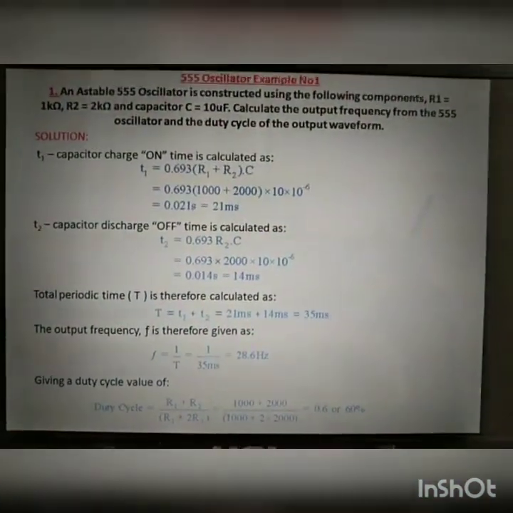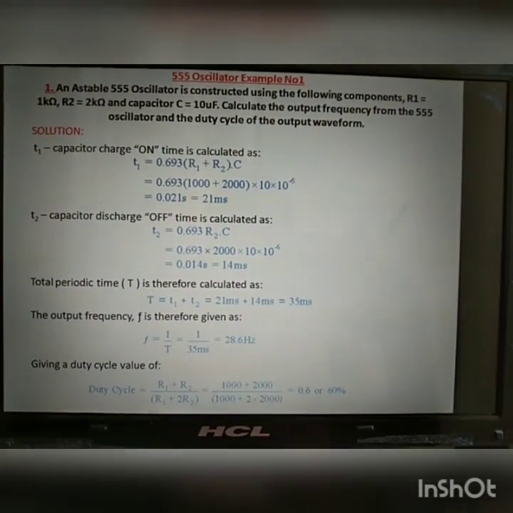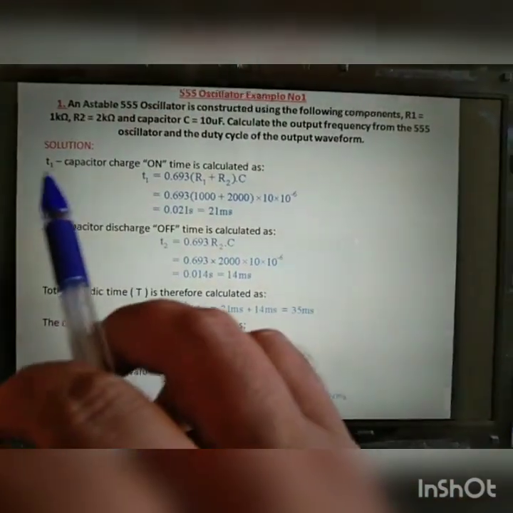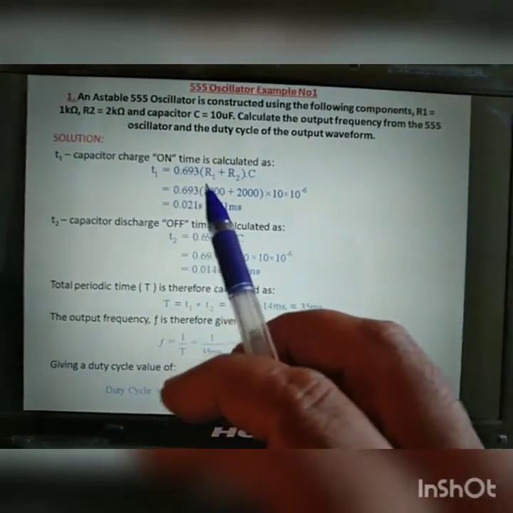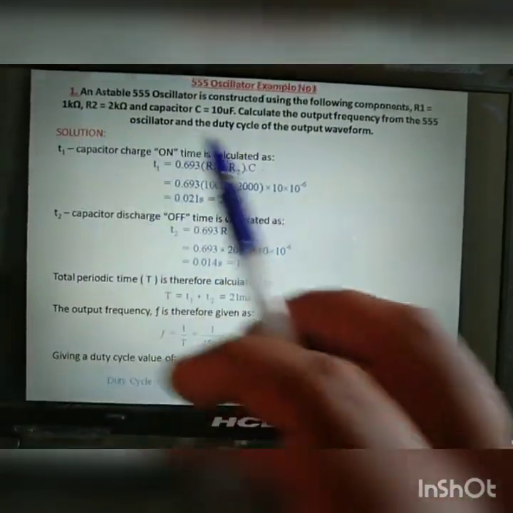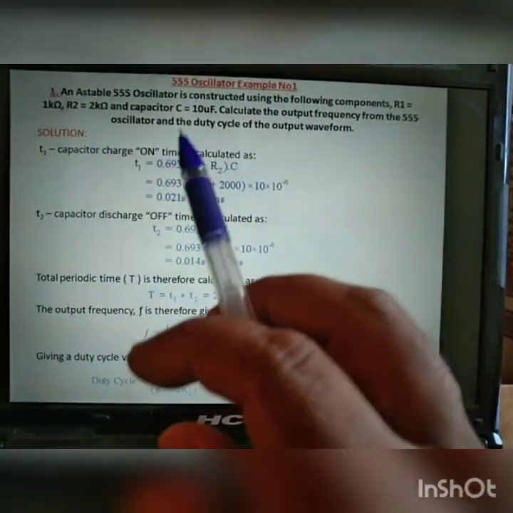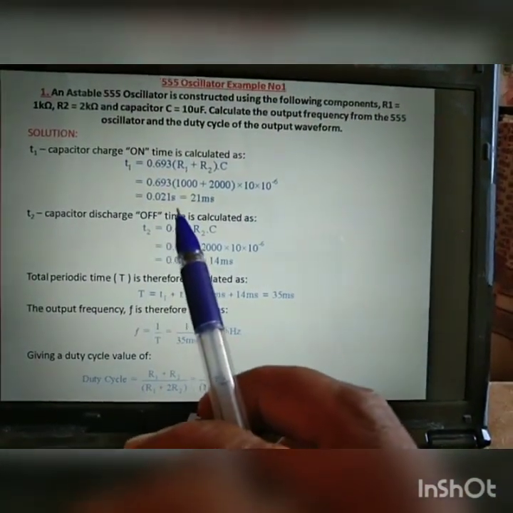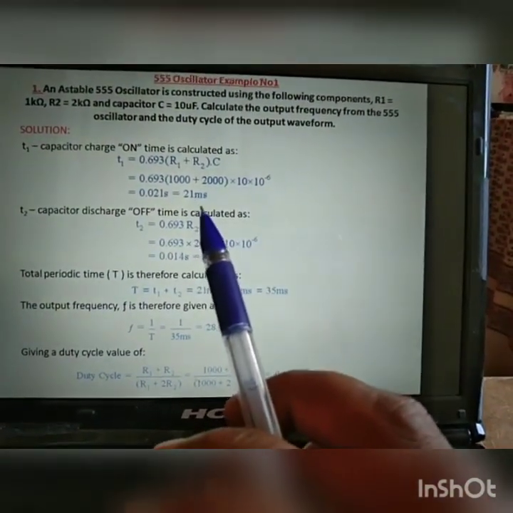Here, they calculate the total output frequency of the oscillator. You have to use these formulas. The capacitor charge time T1 is equal to 0.69 (R1 plus R2) C, where R1 is 1 kilo ohm, R2 is 2 kilo ohm, and the capacitor is 10 microfarad. Therefore, T1 is equal to 0.021 second or 21 millisecond.